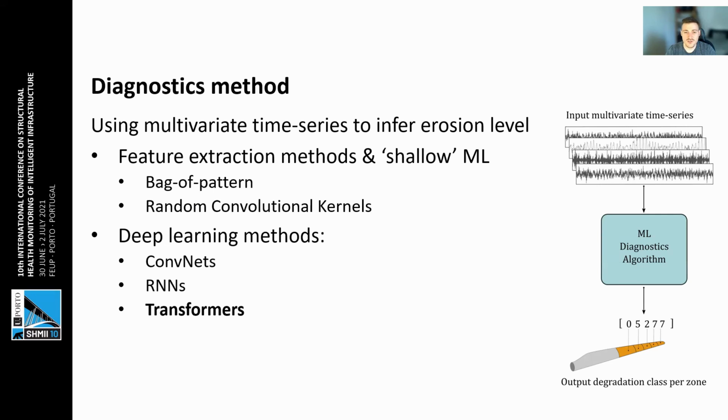So transformers were originally designed for natural language processing, and thanks to their powerful attention mechanisms, transformers are well suited to create links between relevant parts of a sequence while filtering out noisy signals. This could be especially interesting for structural health monitoring tasks.